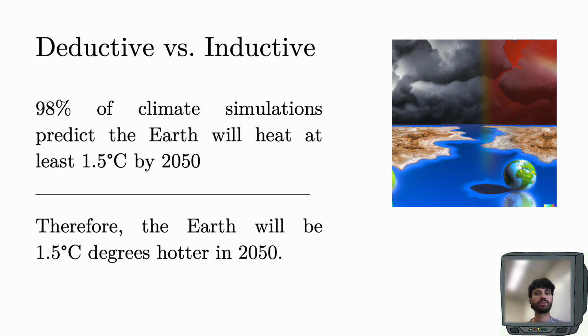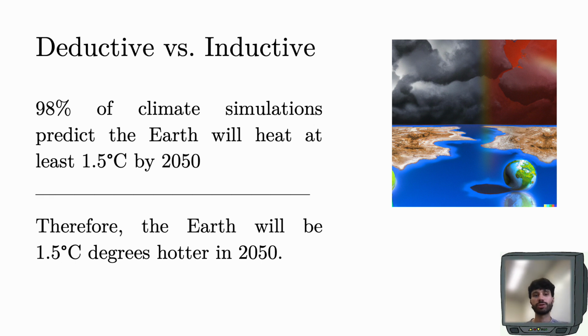So how about this one? 98% of climate simulations predict the Earth will heat at least by 1.5 degrees Celsius by 2050. Therefore, the Earth will be 1.5 degrees hotter in 2050. This is clearly not a deductive argument, right? It's very conceivable that our climate simulations are just wrong and made some fundamental mistake.